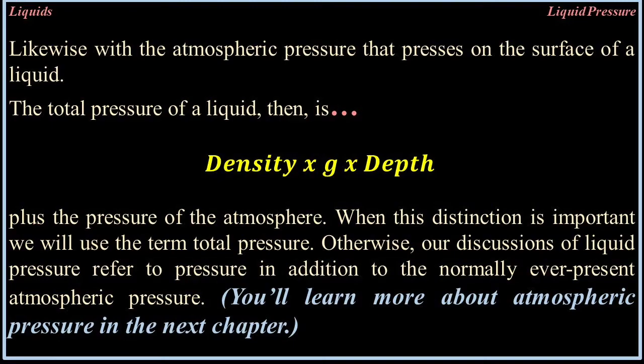When this distinction is important, we will use the term total pressure. Otherwise, our discussions of liquid pressure refer to pressure in addition to the normally ever-present atmospheric pressure. You'll learn more about atmospheric pressure in the next chapter.